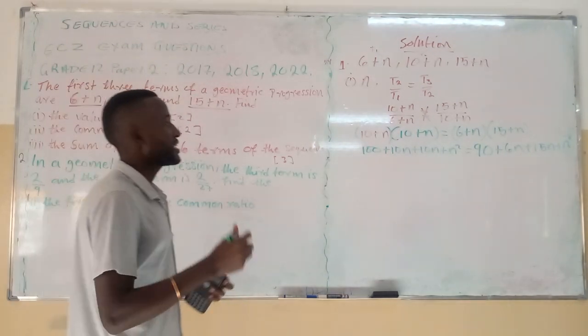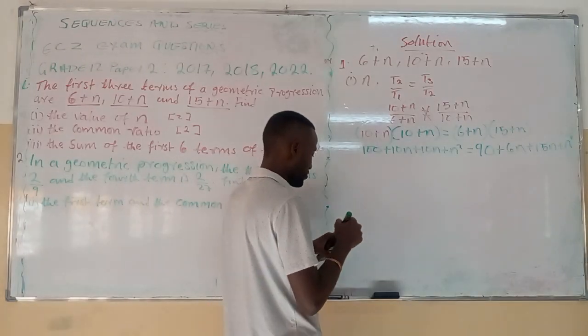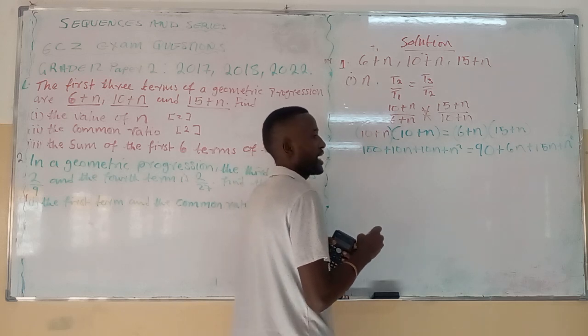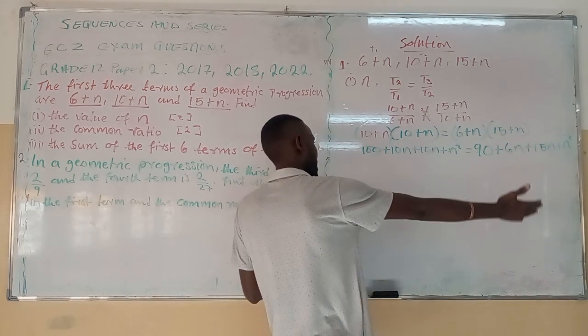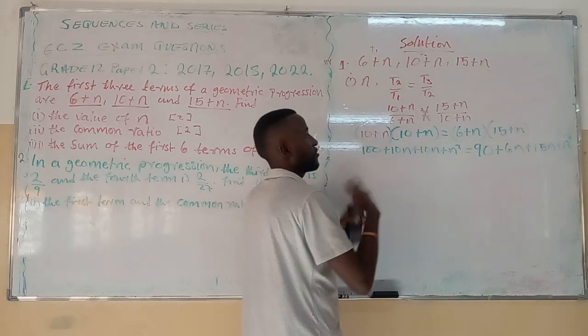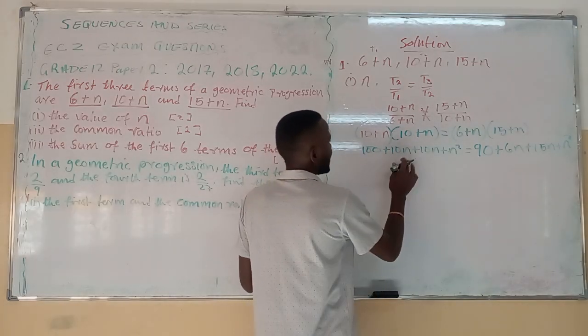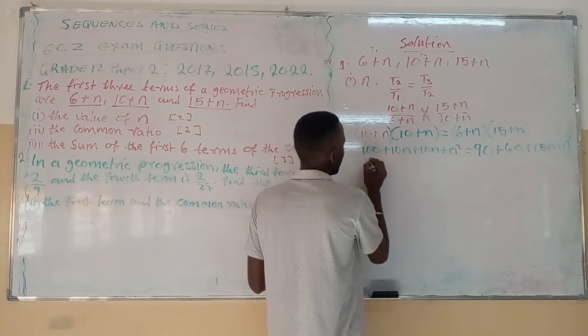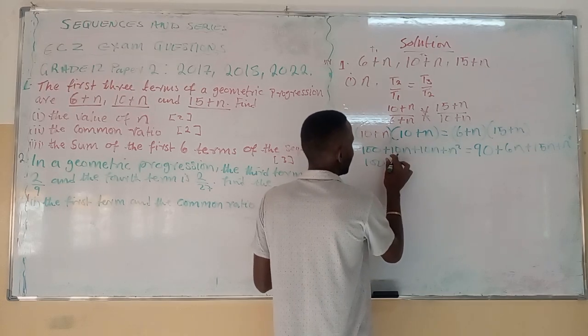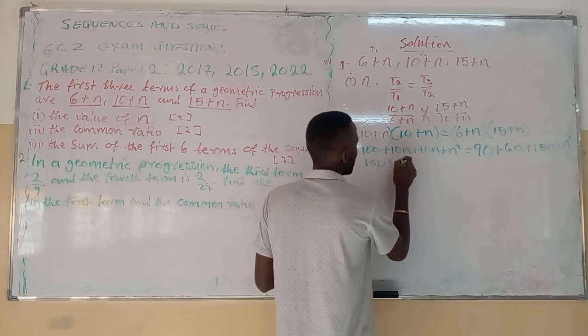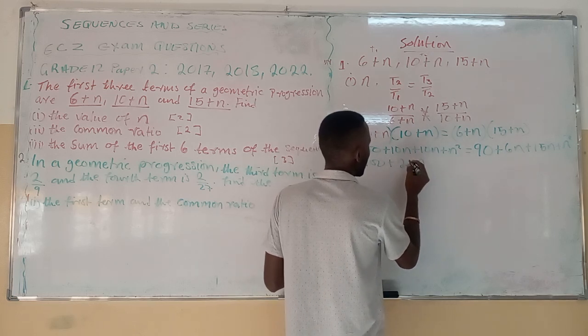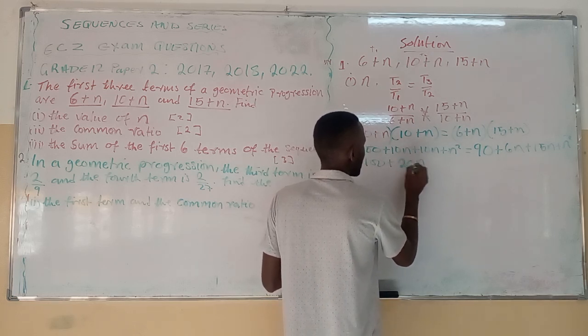So now when you reach this stage, how do you do it? Collect the like terms and simply work out the like terms, and then after that you can look at the other expression and this expression. If we have like terms, collect them and solve them. So let's begin. 100 has no like term this side, so I'll leave it the way it is. 10n plus 10n, we have 20n, because these are like terms. They both have n.